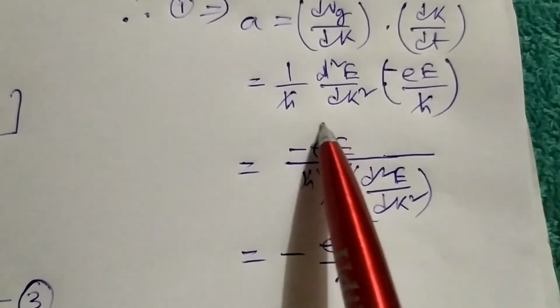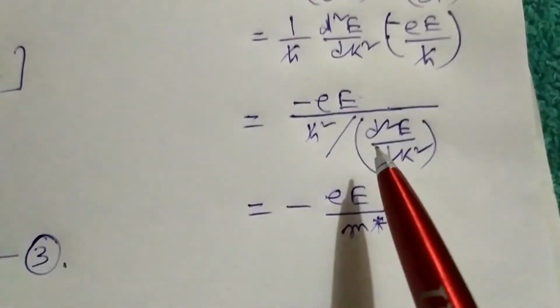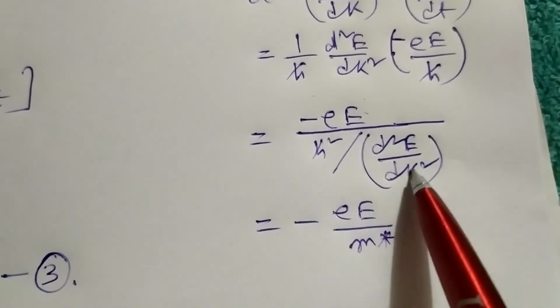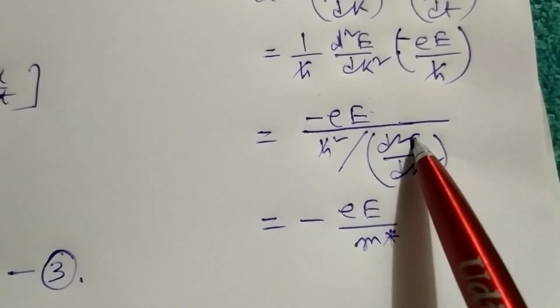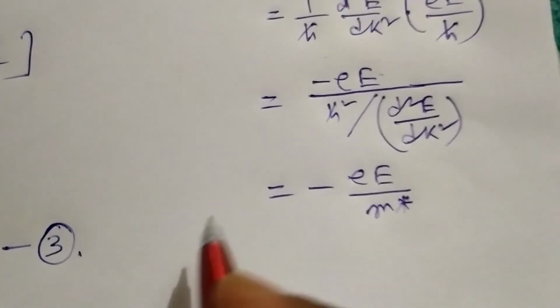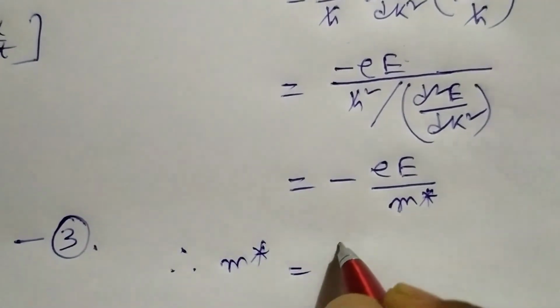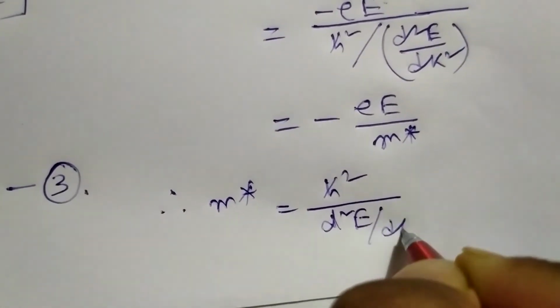You see, it is the expression for force on an electron in an electric field. Force equals mass times acceleration. Therefore, this quantity is playing the role of mass for an electron moving inside a crystal, and we designate it as m star. So we can write m star is equal to h cut square by d2E/dk2.